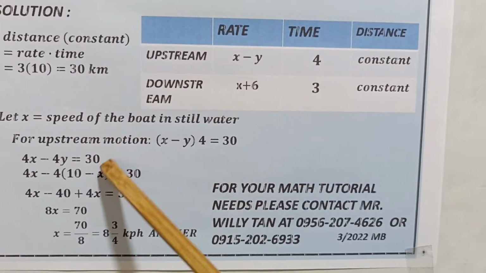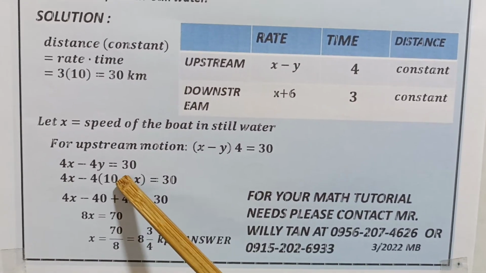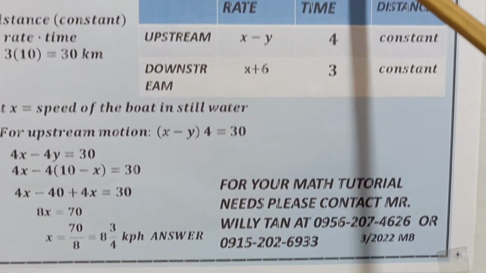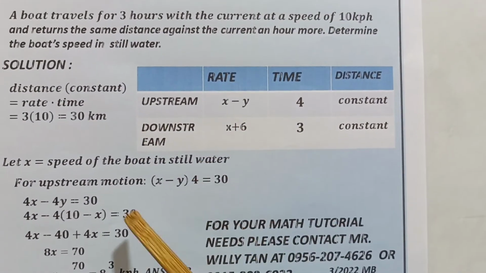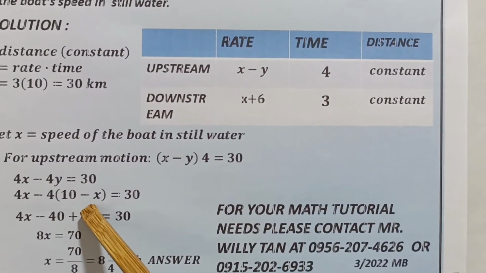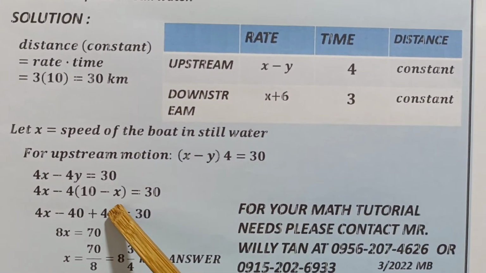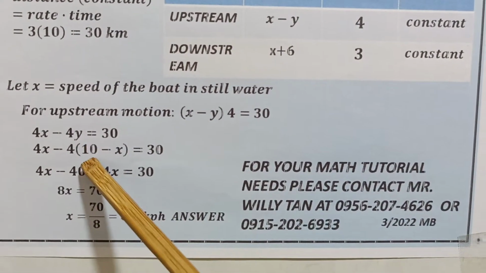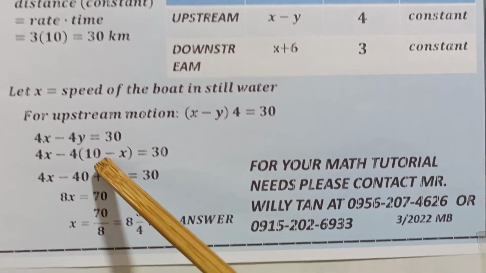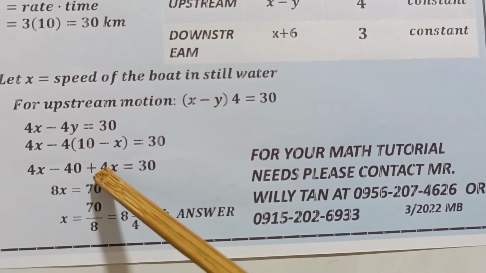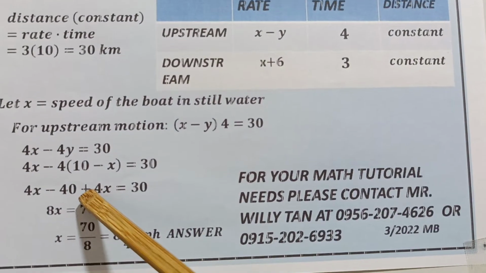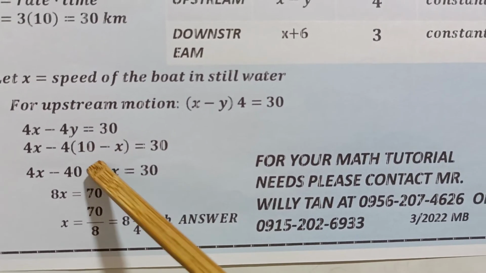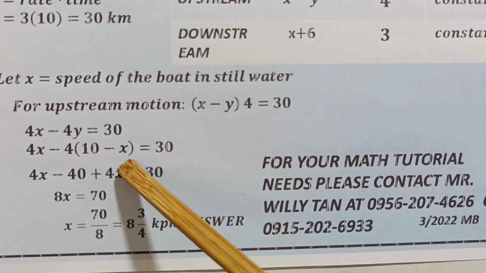And we know that the total speed of the current and the boat is 10 kilometers per hour. If the total speed is 10 and the speed of the boat is x, the speed of the current will be the quantity 10 minus x.